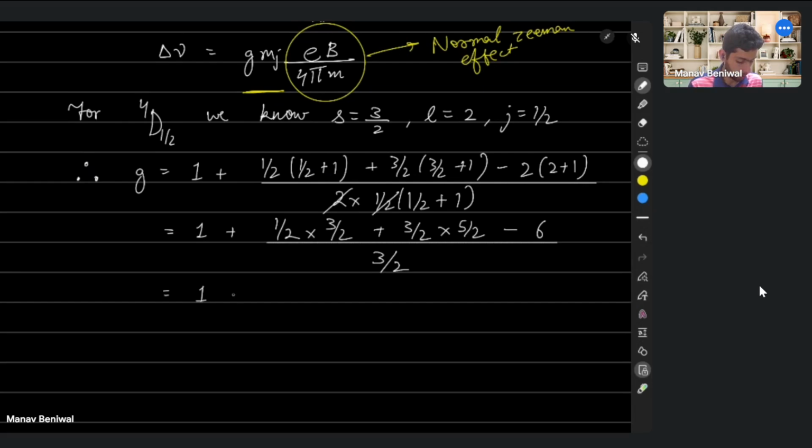Okay, now 1 by 2 into 3 by 2 becomes 3 by 4 and this becomes 15 by 4 minus 6 divided by 3 by 2.